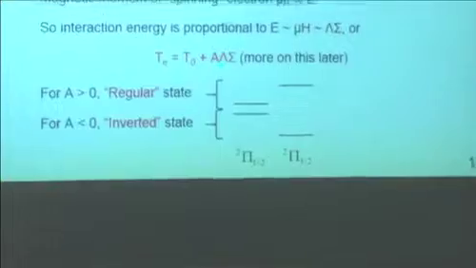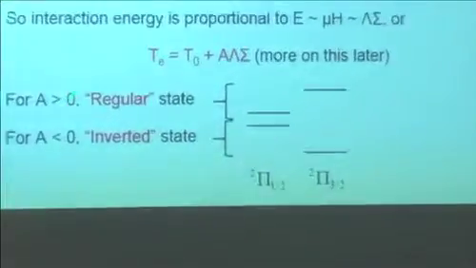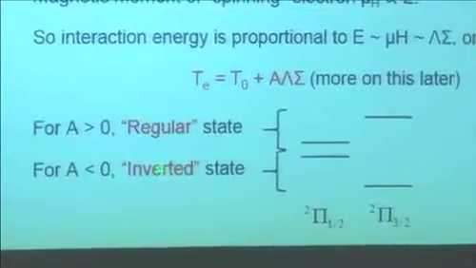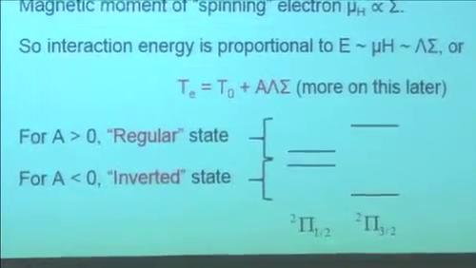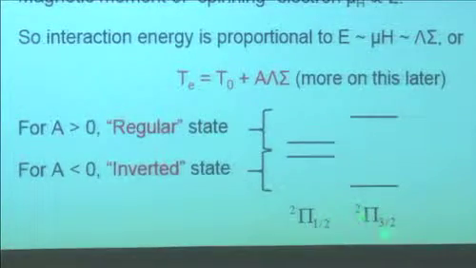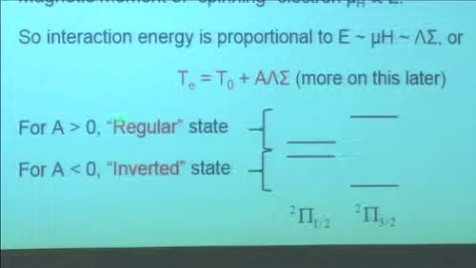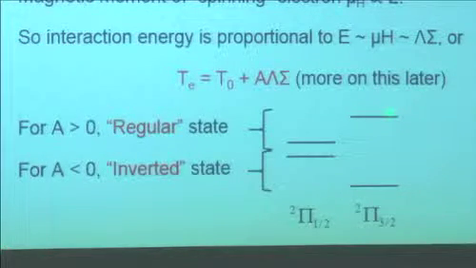It turns out that this A multiplier can be either plus or minus. For example, NO has this character. NO can be either 2 pi 3 halves or 2 pi 1 half. If A is positive, then this state is a little higher in energy than this one.